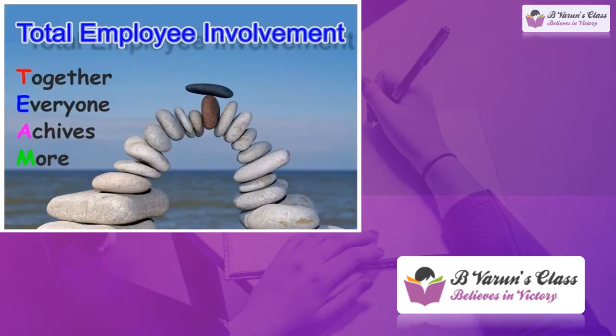Today our topic is total employee involvement in an organization, or in a team, or in a group of people working for a task. When we discuss total employee involvement, always when we are working as a team, together everyone achieves more.